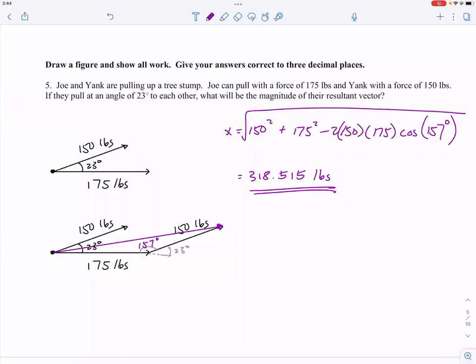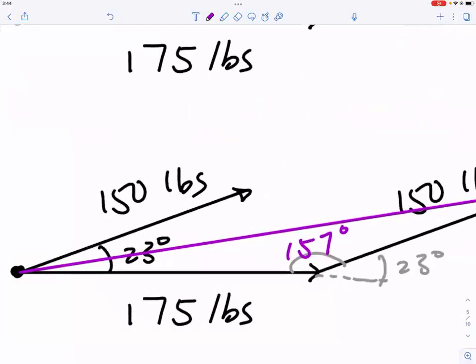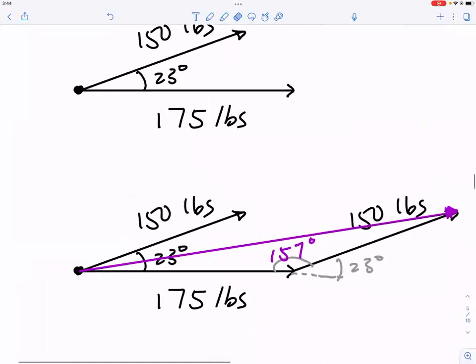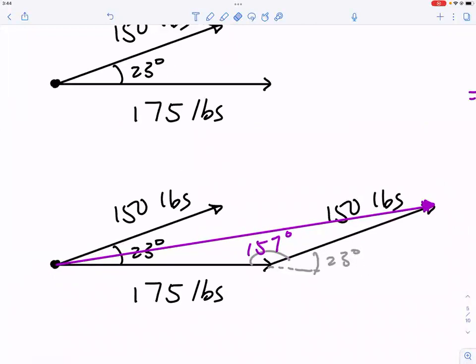Now, another wrong thing to do, which is done by some students, is that they somehow think that this little angle right here is half of 23. It's not half of 23, because the purple line is not an angle bisector.